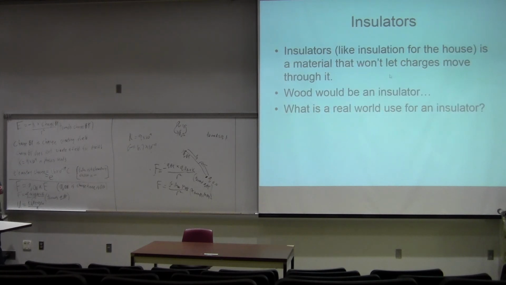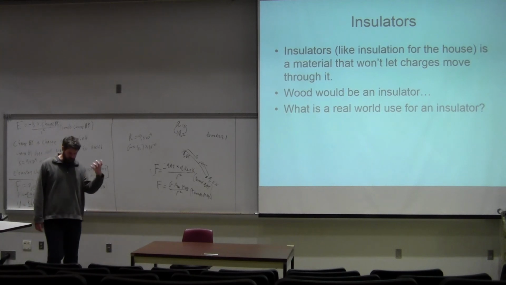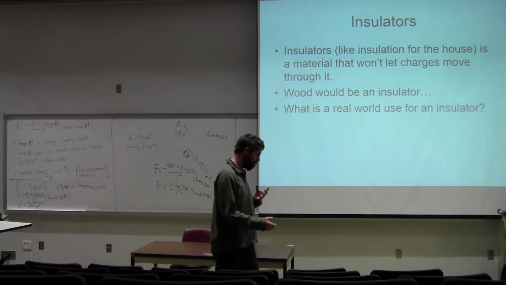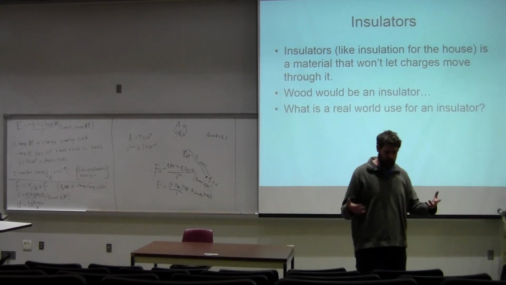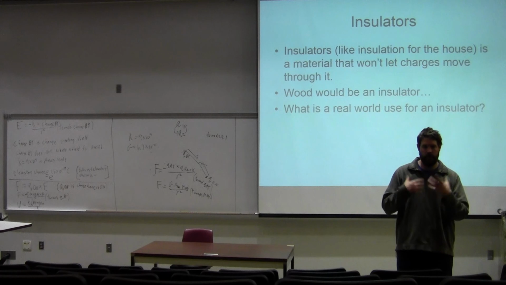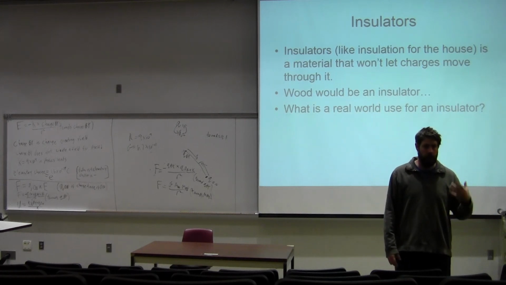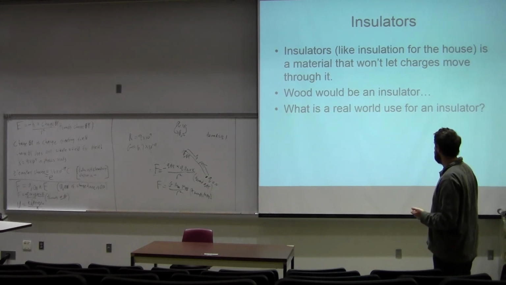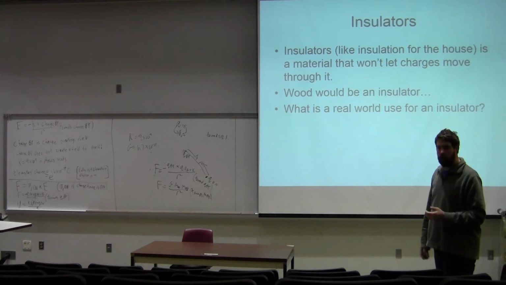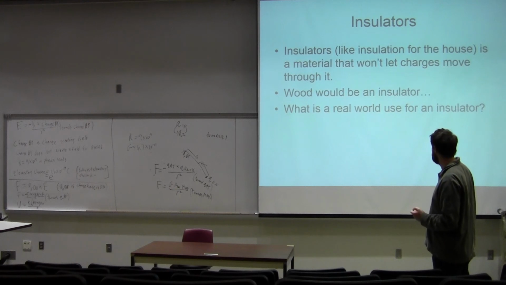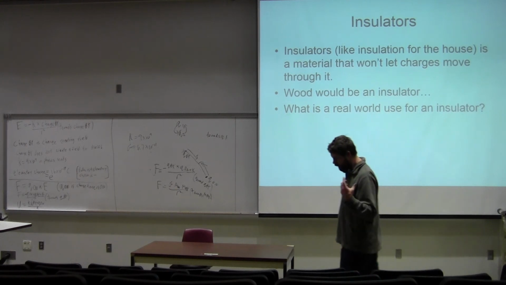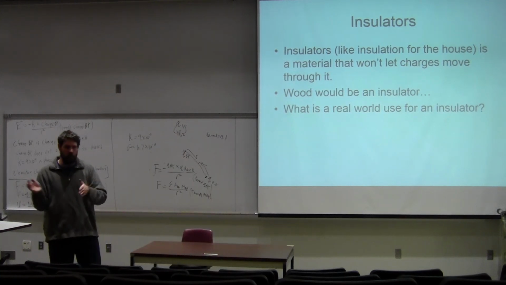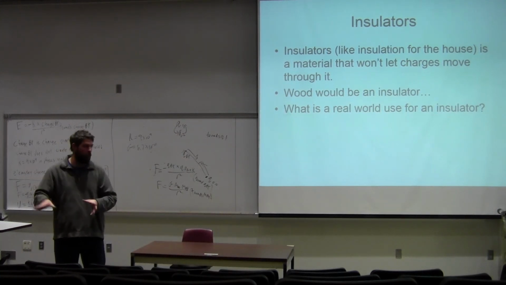All right, so let's do some practical applications of some of the stuff that we use in real life. One is called an insulator. Think of insulation for a house. The insulation for a house prevents heat energy from escaping from the house by absorbing or reflecting that heat and then sending it back. Wood is a good insulator for charges. So insulators for charges are things that you can put around, say, a wire that will keep the charge on the wire and from escaping from the wire.